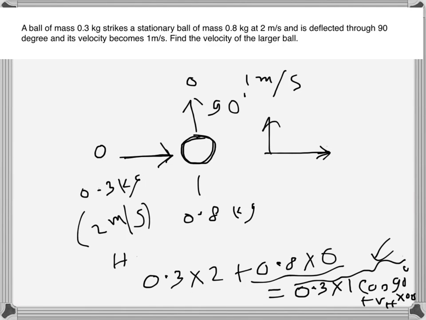Now we will apply conservation of momentum in the vertical direction, the direction perpendicular to the original direction.